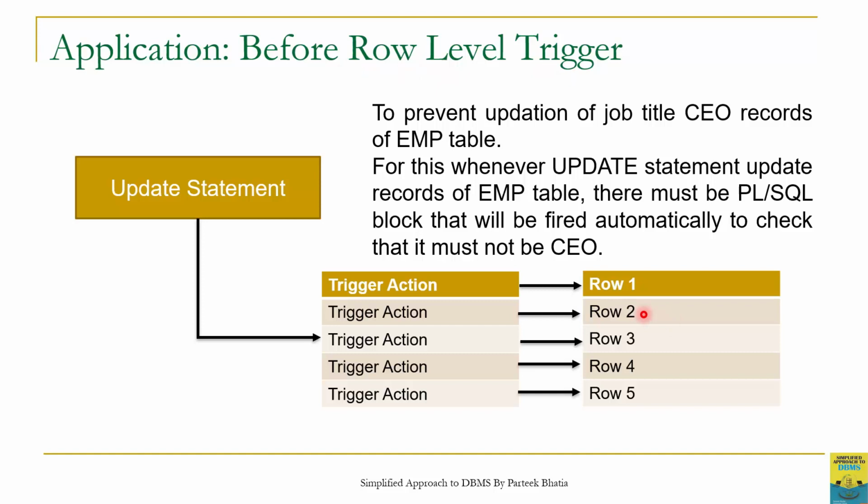Let us suppose row 2 and row 4 belong to job title CEO. Then update operation will be performed on row 1, 3 and 5, and it will not be performed on row 2 and row 4. This action is performed by trigger, which performs its action before updating each row of this table.